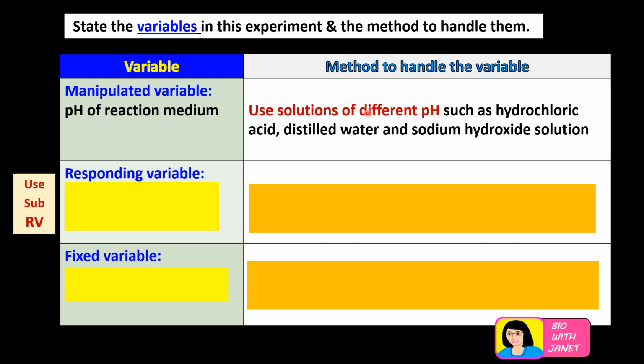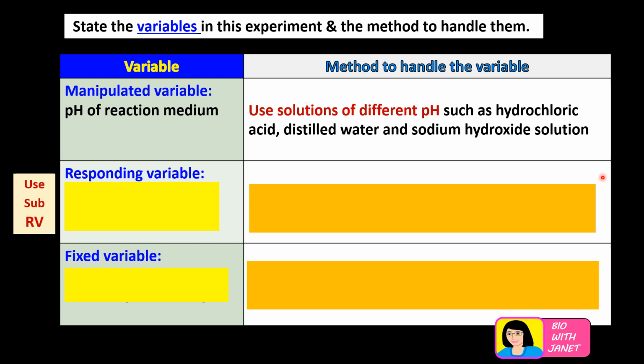So if buffer solution is used, then you just write use buffer solutions of different pH, such as buffer solution pH 2, buffer solution pH 7, and buffer solution pH 8. Okay, so sometimes buffer solution can be used in place of all these acid like hydrochloric acid or sodium hydroxide. Okay, they can just give you a buffer solution with a specific pH.